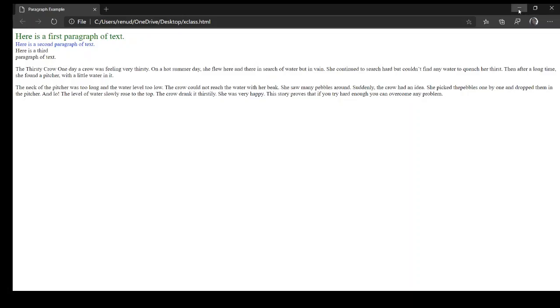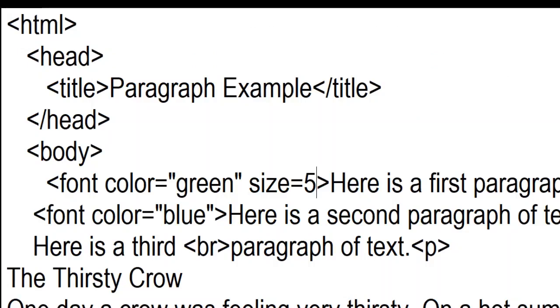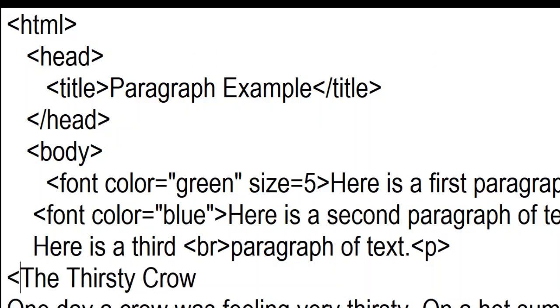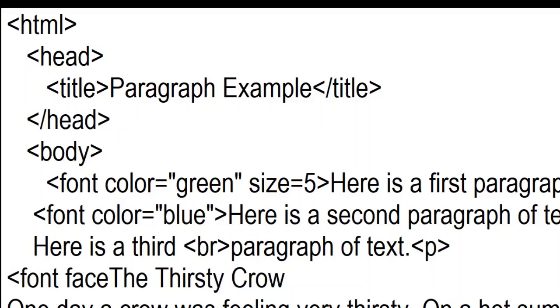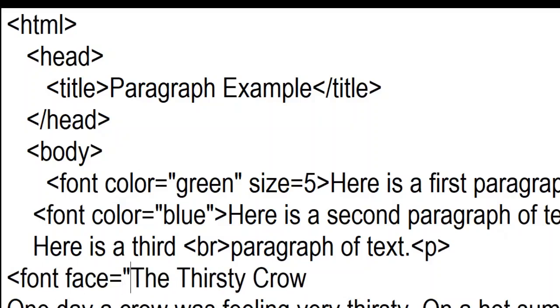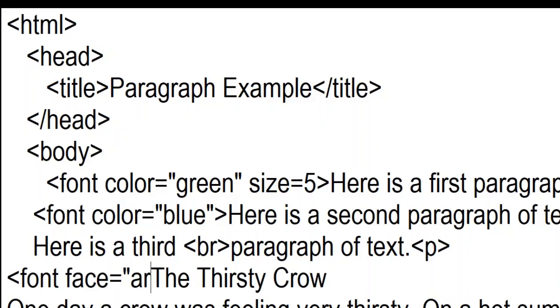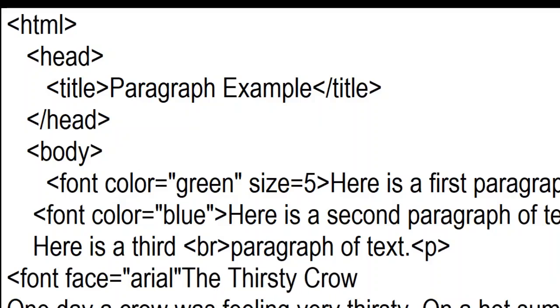Now our next attribute is the face attribute. We can also implement it. Again open your notepad here, and for example we want to change the face of the thirsty crow. So write down font face is equal to Arial, and we also want the color.